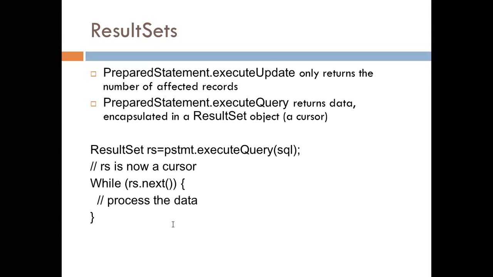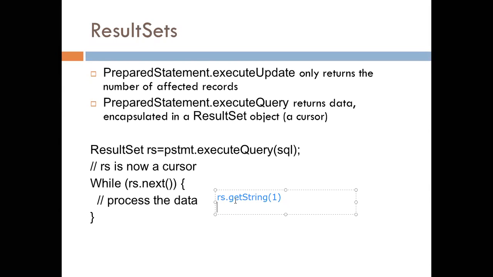Then inside this while loop, we have to write a command like this: rs.getString(1). What it does is it gets us the first value.